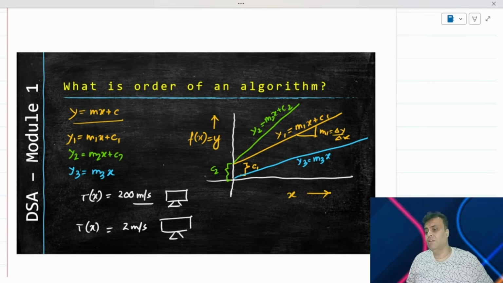Which is where I'm trying to get at. Time taken by an algorithm cannot be quantified as this is the time taken, and hence you should call my algorithm good, bad, or worse. Good, bad, and worse doesn't come with the actual time taken by an algorithm, because actual time is always a function of several factors relevant to the hardware.